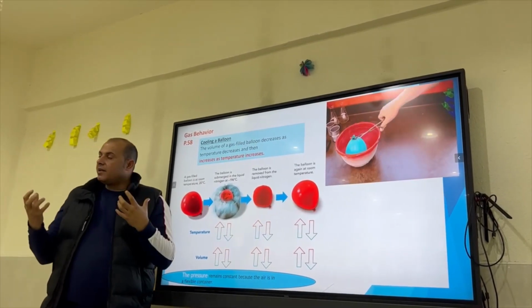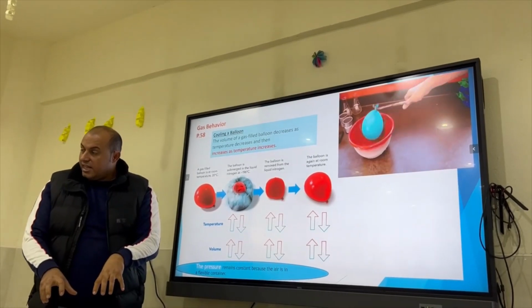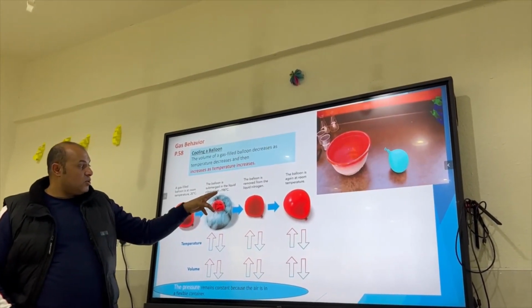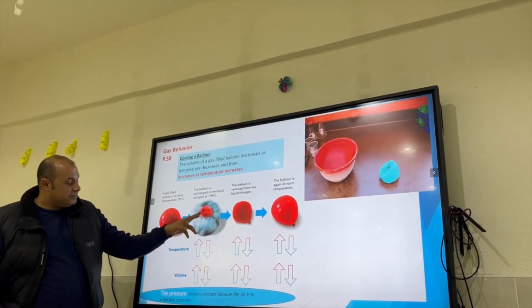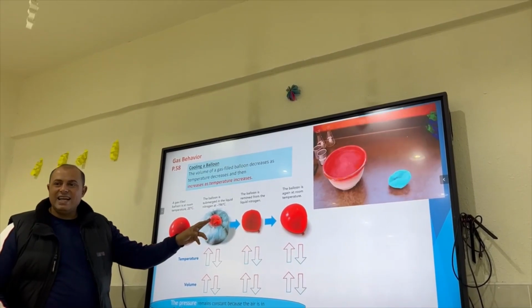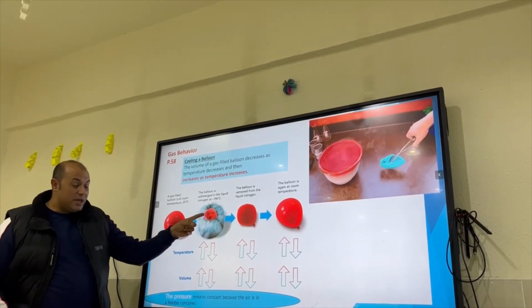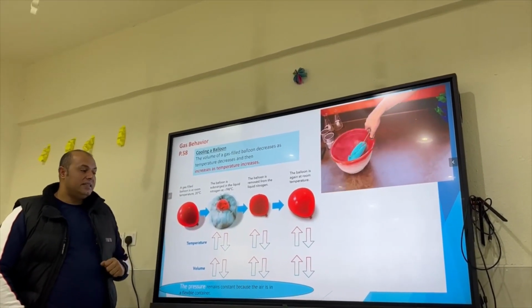Liquid nitrogen's temperature is minus 196 Celsius. Look what happened to it. Its volume decreases, or collapses. Why? Because the temperature of the gas inside the balloon decreases, so its volume decreases.